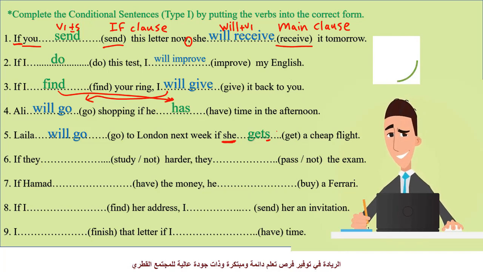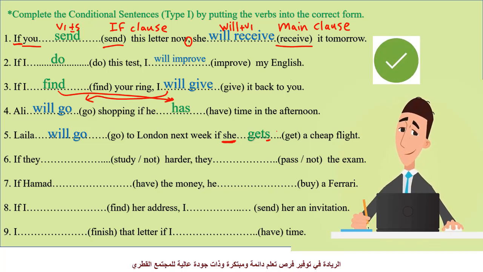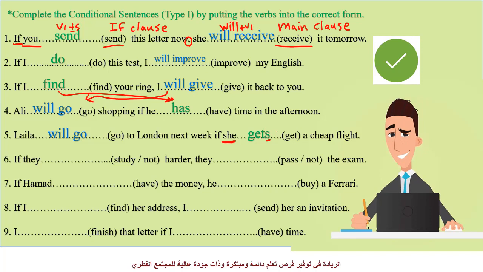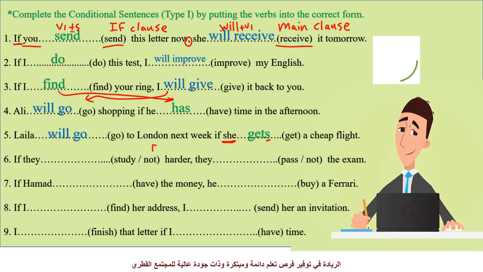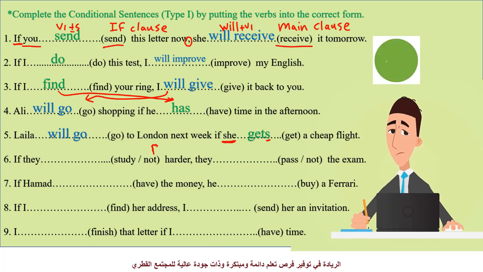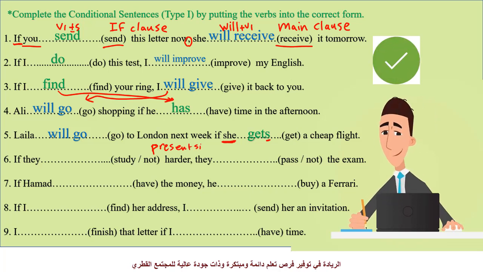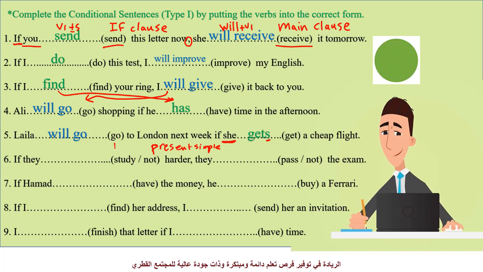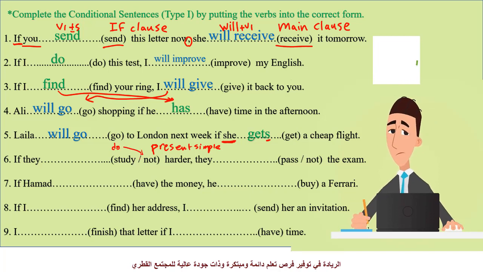If they, let's go to the negative of these clauses or of these tenses, the present simple and the future simple. Here we want to negate present simple. The present simple sentence, if I want to negate it, I have to use do with not or does with not.